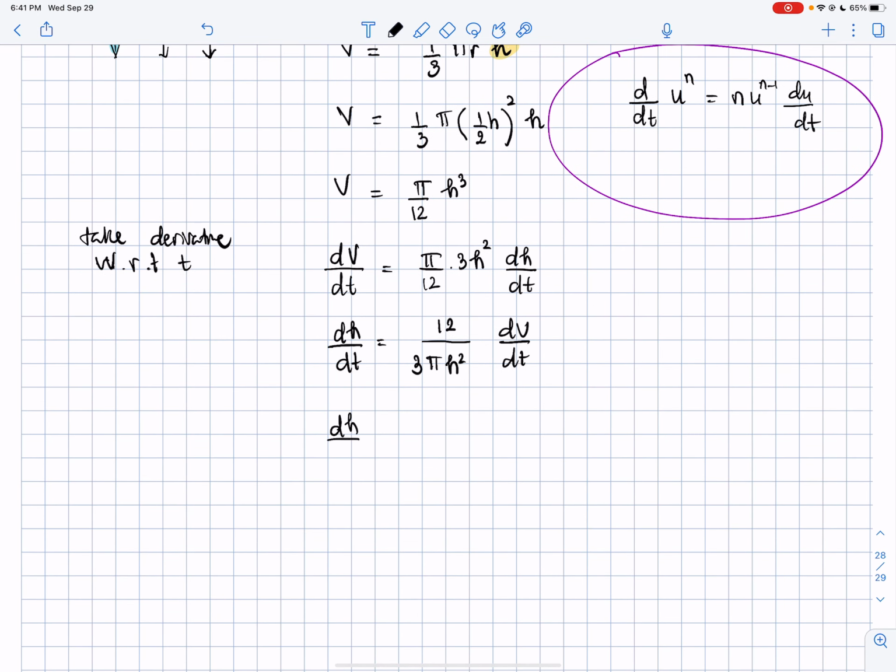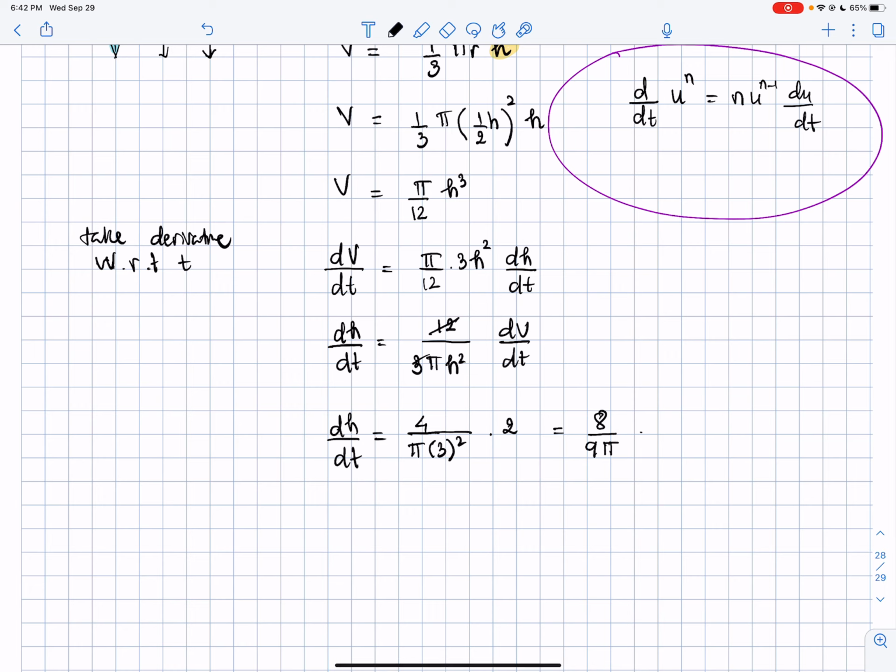So dh over dt equals, we can cancel this, so it's going to be 4 over pi, and the h given is 3, and then we square it, and then dV dt is 2 in the problem. Then we have 8 over 9 pi.